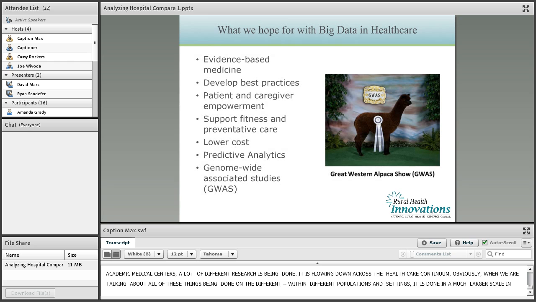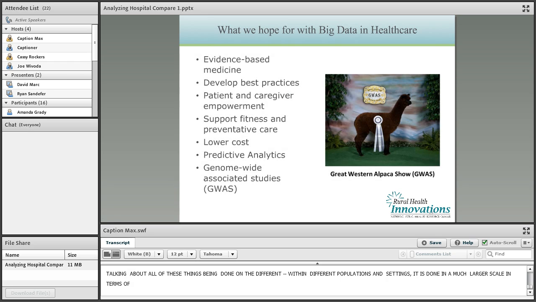We know that personalized medicine and patient empowerment and patient engagement is an area of increasing importance in terms of driving quality and reducing costs. We know that academic medical centers do a lot of different research, and that research is flowing down across the healthcare continuum.